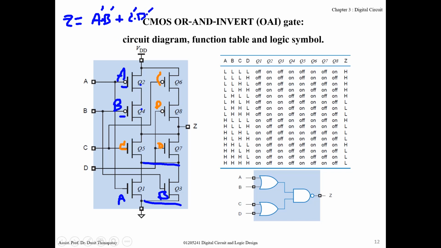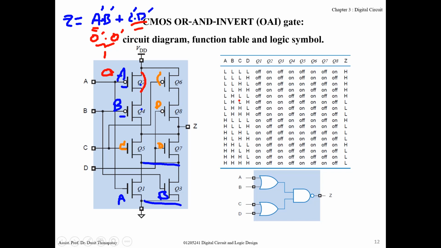Don't forget to invert, because it's active low. Namely, this transistor will be on when A is 0, then A prime, and B is 0, B prime. Then it becomes 1. This term also.